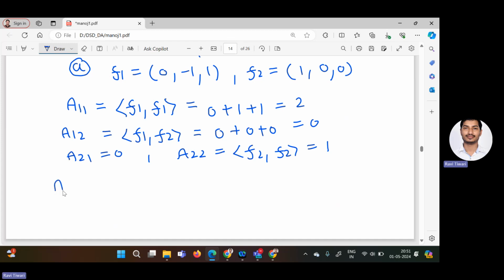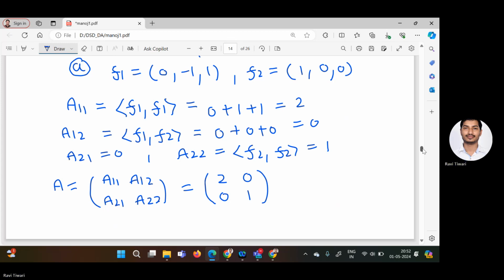Matrix A equals A11, A12, A21, and A22. A11 we have calculated as 2, A12 is 0, A21 is also 0, A22 is 1. So this is the matrix we got corresponding to the given basis 1 minus x and x square.